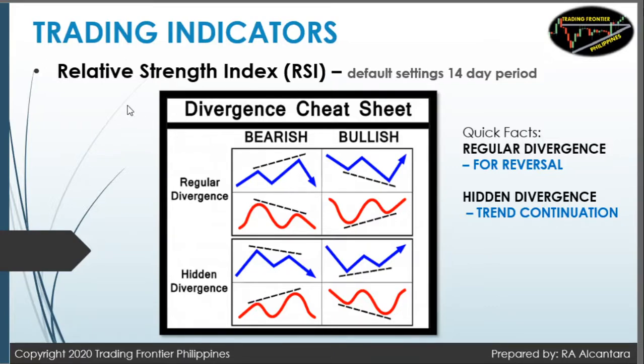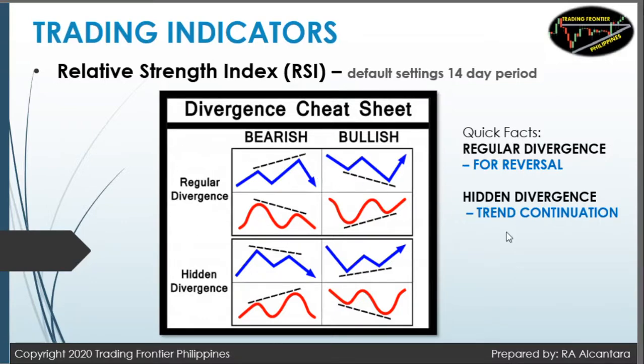All right. So relative strength index or RSI, of course, the default settings in your trading platform or in TradingView is just a default for 14-day period. All right. Just quick facts. Regular divergence is basically for the reversal.